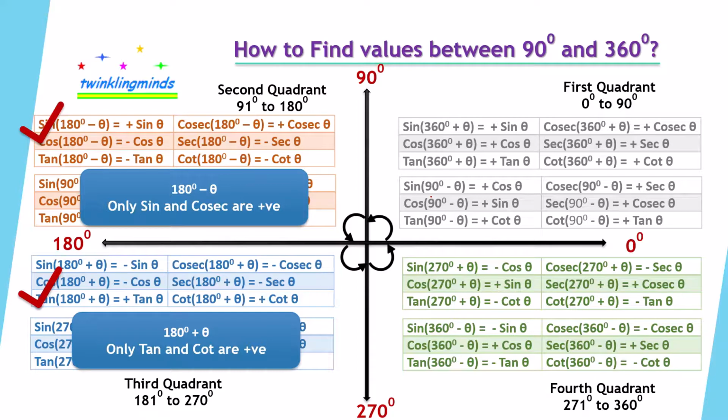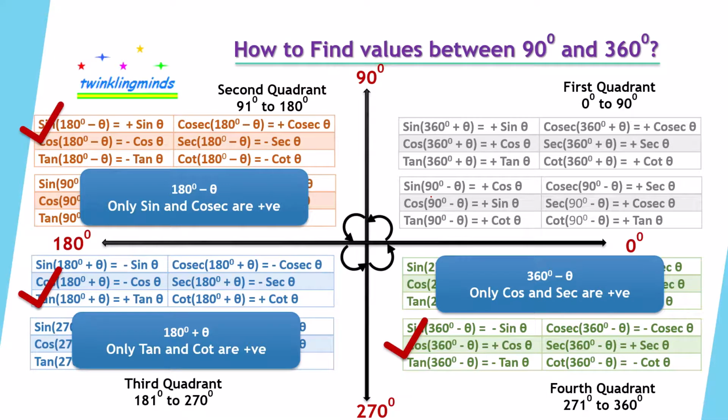All the remaining four functions, sine, cos, cosec, and sec, are negative. Let us move to the fourth quadrant. We use 360 degrees minus theta notation, and only cos and sec are positive here. The remaining four, sine, cosec, tan, and cot, are negative.